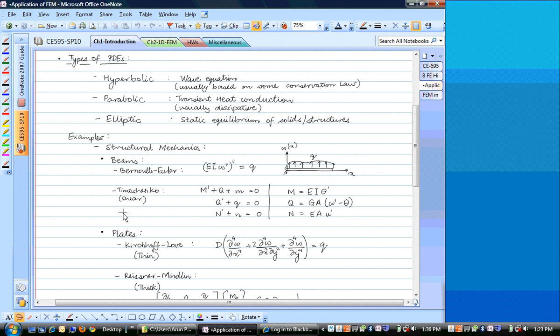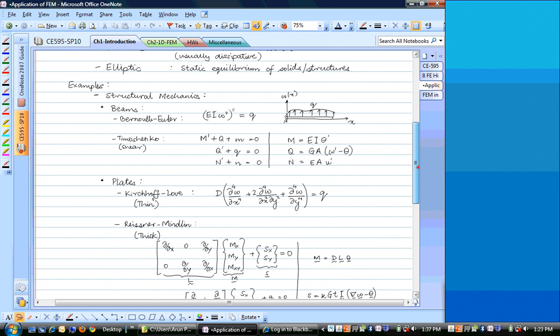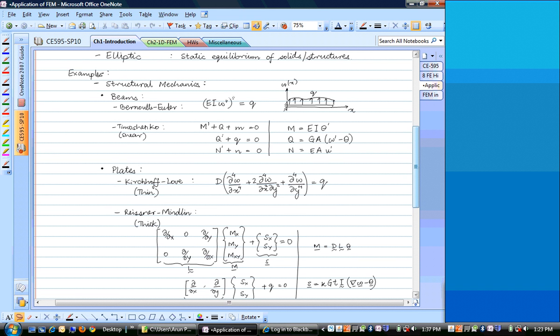But in a Timoshenko beam, you can have bending and shear deformation. And I'll tell you more about this when we get there. But the governing equations for that Timoshenko beam, if you have the mechanics book, this is what the governing equations look like.